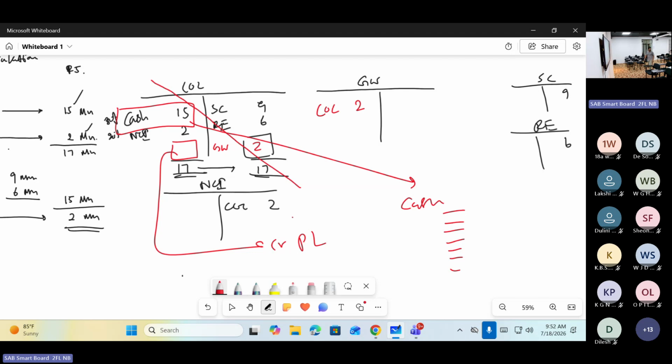What do you mean by contingent consideration? You should understand what contingent consideration and deferred consideration are.